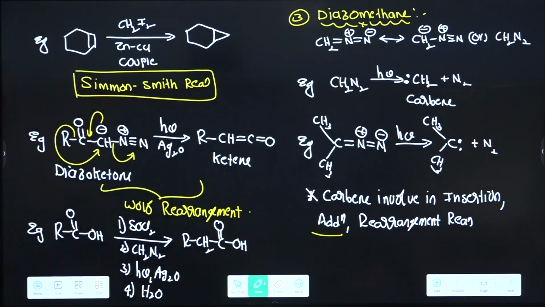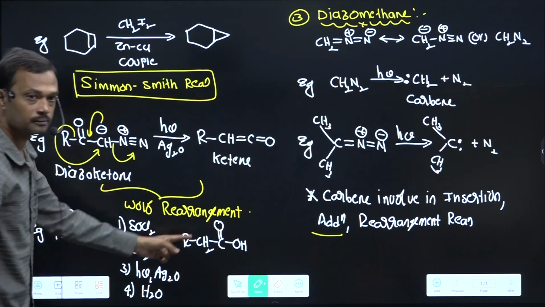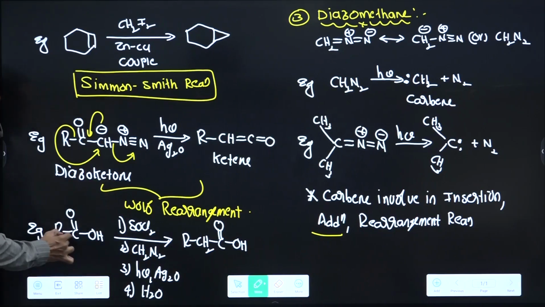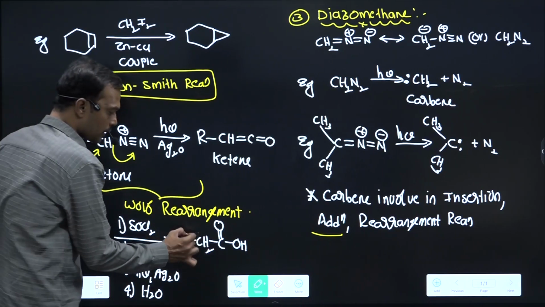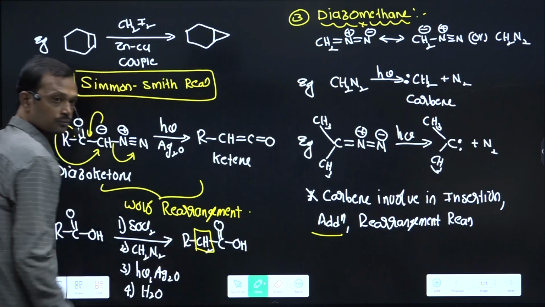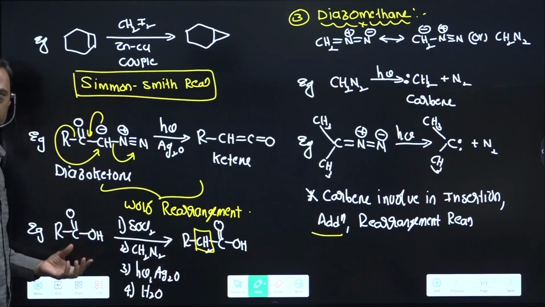This is called Arndt-Eistert rearrangement. This is also a carbene intermediate. It proceeds with Wolff rearrangement. See the difference between this and this answer? R and carboxylic acid is there, but here R and carboxylic acid are separated by CH2. That is called homologation of carboxylic acid.